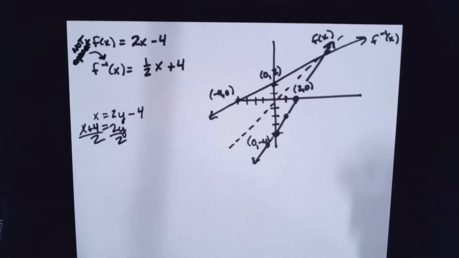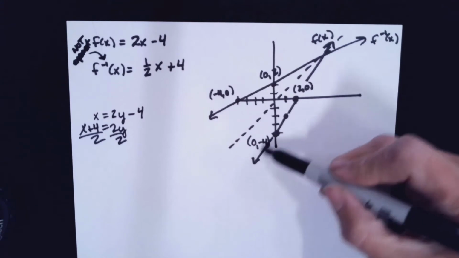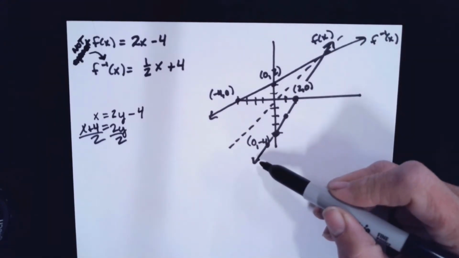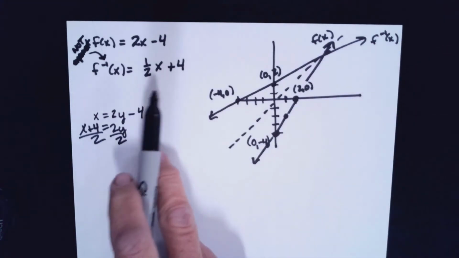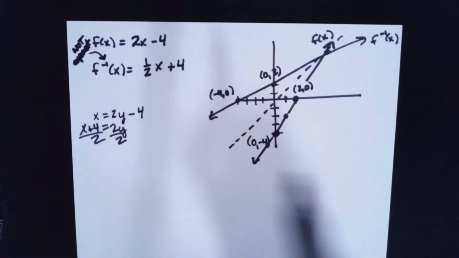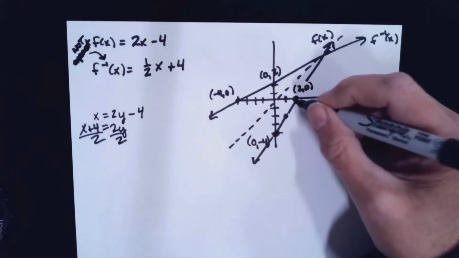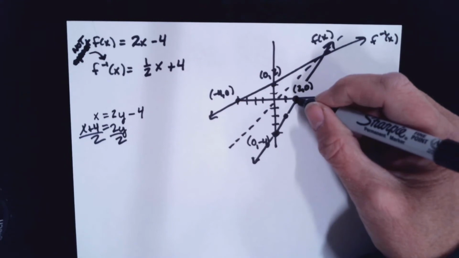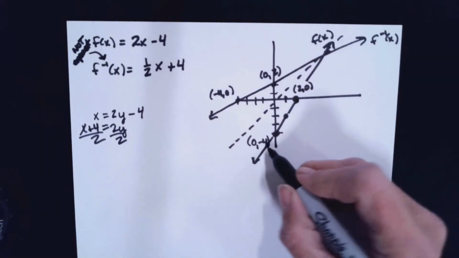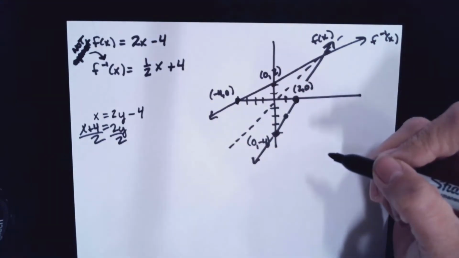And then once again, just reviewing here, if we look at the original function and if I graph it, it looks like this. And then remember, for the inverse, I have an equation I could just graph. I could graph that equation. Or I can also look at these points on the original function and just switch them. Switch the x and the y. Instead of 0, negative 4, that'll be negative 4, 0.